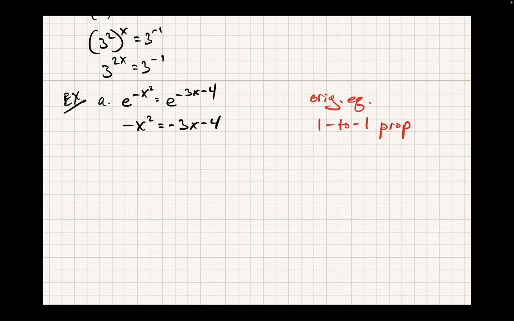Then you move everything to one side, so x squared minus 3x minus 4 equals 0. It might have been easier on the right because you're just adding x squared to both sides. Then you use the quadratic formula to find x.